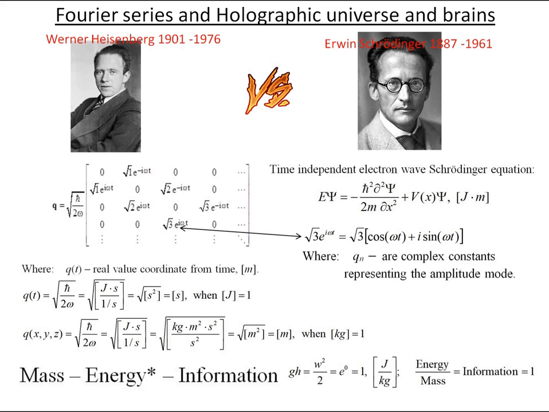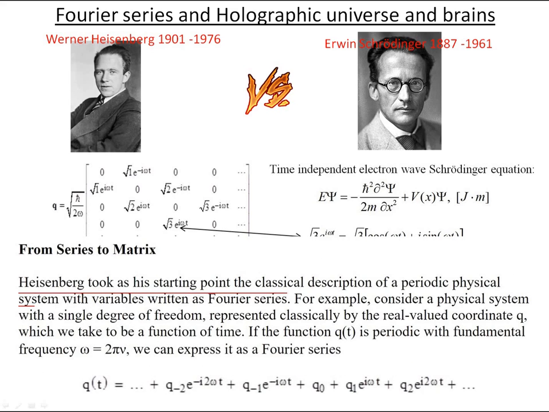Before finishing with Werner Heisenberg's theory of matrix mechanics, the solution origin is that Heisenberg took as his starting point the classical description of a periodic physical system with variables written as Fourier series.